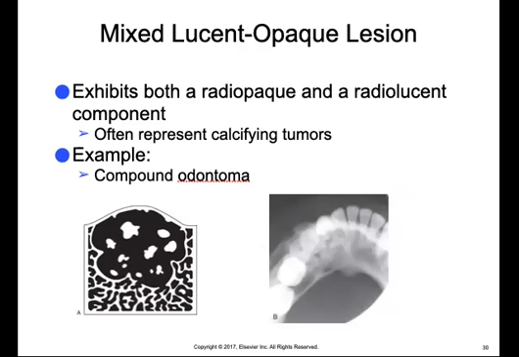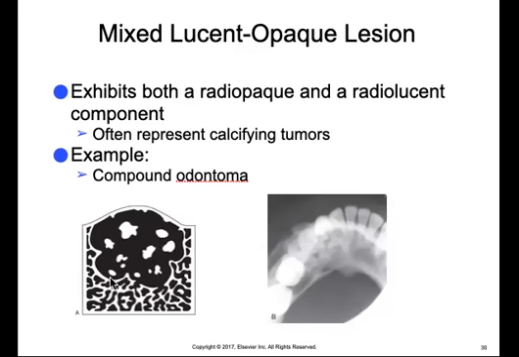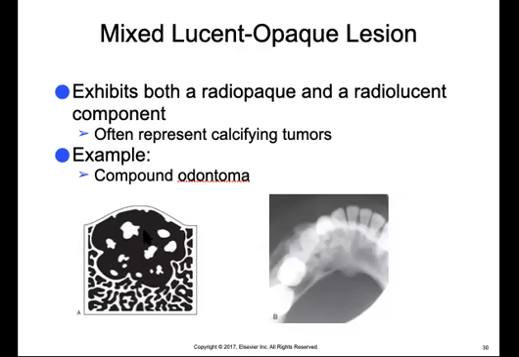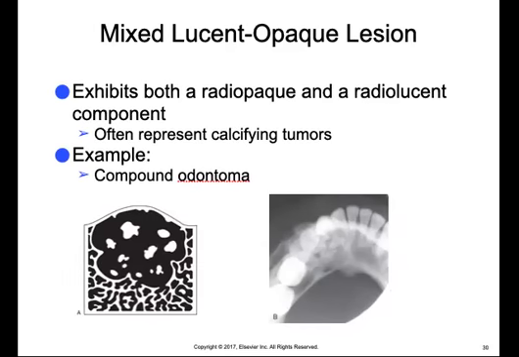An example of a mixed lucent opaque lesion is a compound odontoma, and it would look like this here. We see this pattern of radiolucent areas speckled with radiopaque spots. And here's an occlusal image of what looks like a lower jaw, and we can see what that compound odontoma looks like there.